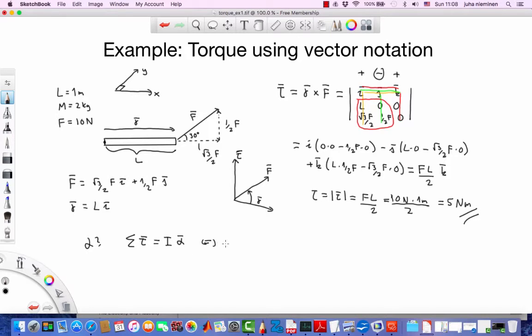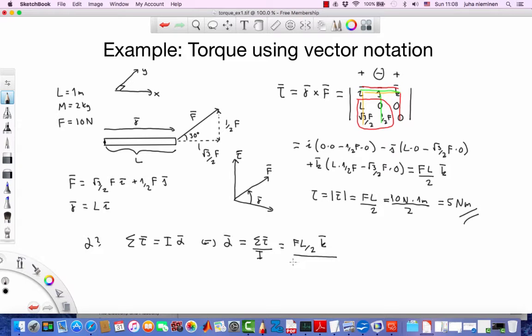So if we solve for the angular acceleration, we get the net torque in the vector form divided by moment of inertia. And what is our net torque? Well, we only have this one torque, the tau vector we calculated, so that's going to be just FL divided by 2, and remember, in k direction.